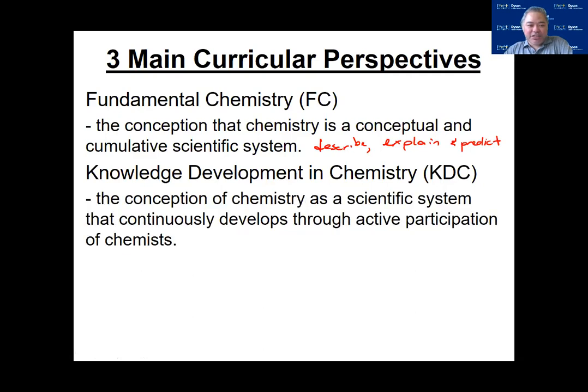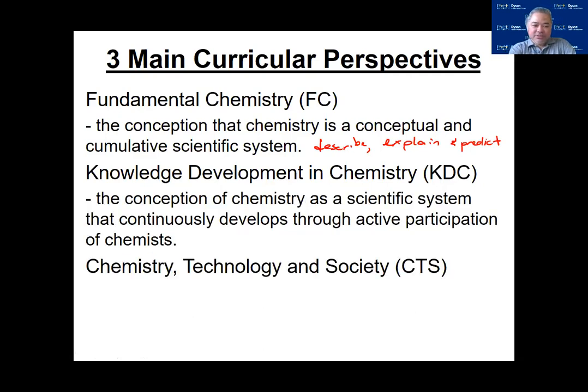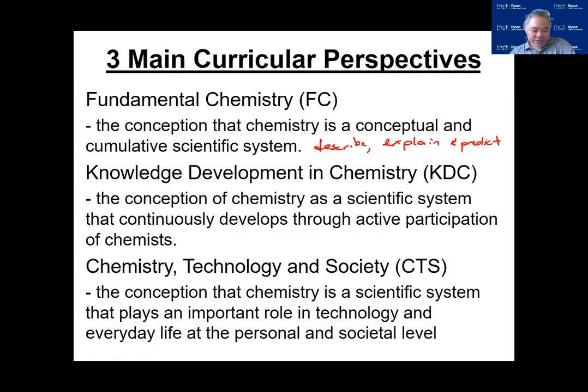Now, the last one that we have here is the chemistry, technology, and society curriculum. The dominant characteristic here is the conception that chemistry is a scientific system that plays an important role in technology and everyday life at the personal and societal level. So the curricular focus here is mainly on what?